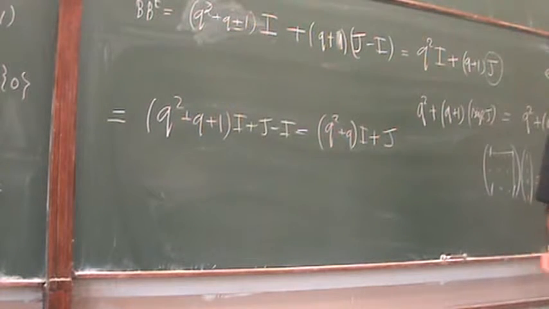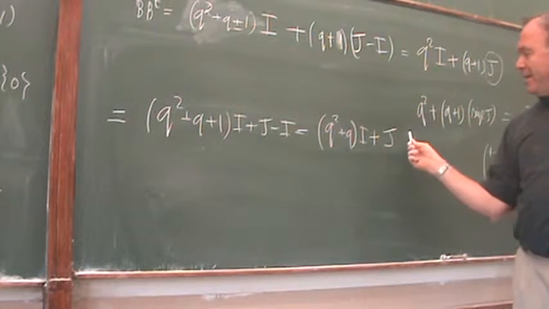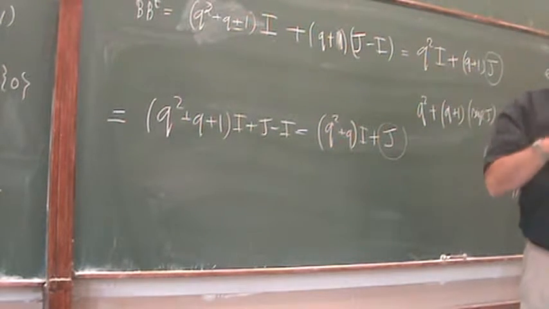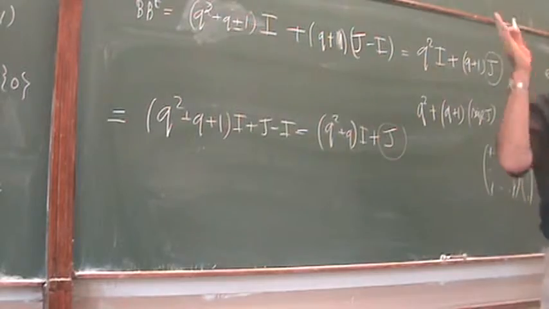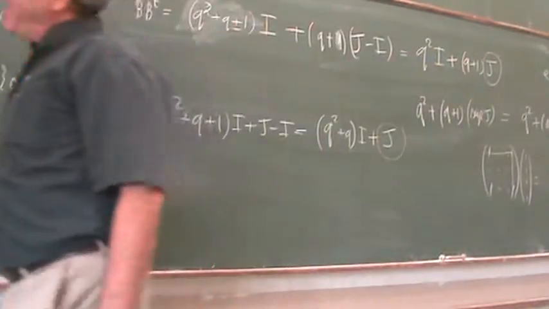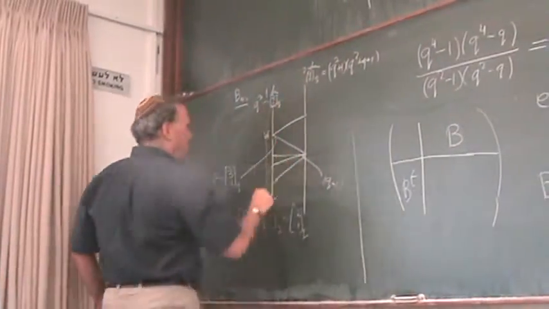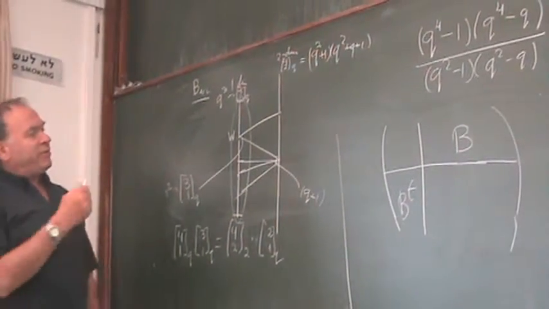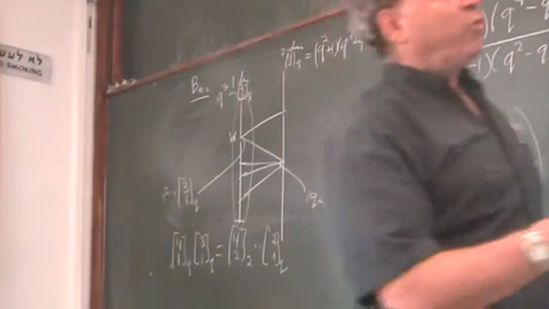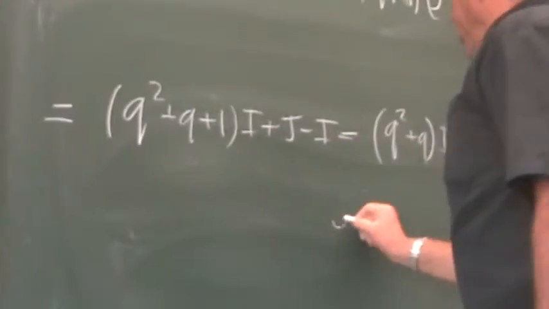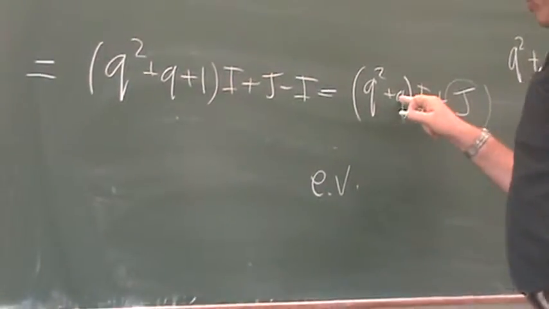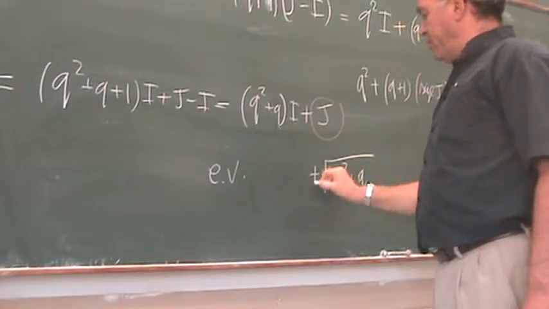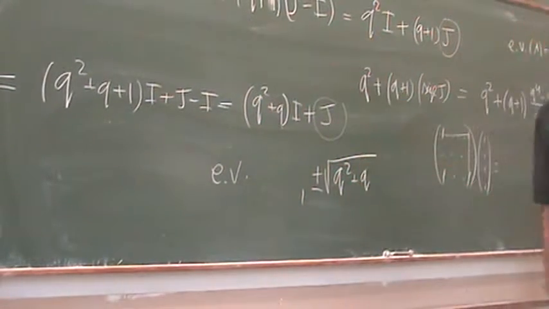J vanishes on the functions, and I always think of a vector as a function on the vertices, so it vanishes on the functions which sum up to 0 on this side. And the only thing which continues to live there is, so the eigenvalues are the square root of q squared plus q, plus minus the trivial eigenvalues.